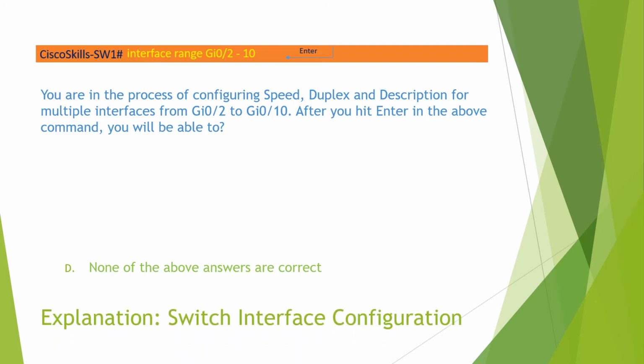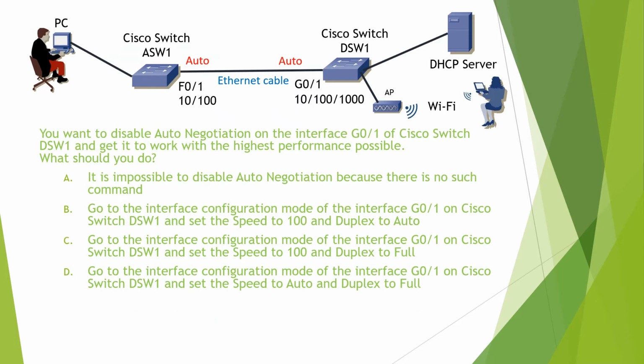Switch interface configurations. The question reads: you want to disable auto negotiation on the interface G0/1 of Cisco switch DSW1 and get it to work with the highest performance possible. What should you do? So in order to disable auto negotiation, you have to manually set the speed and duplex modes.